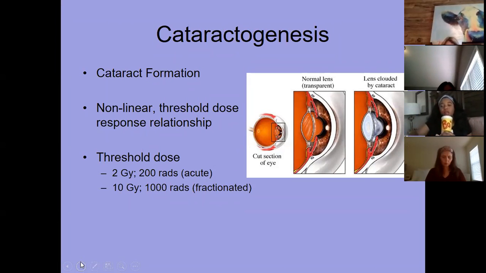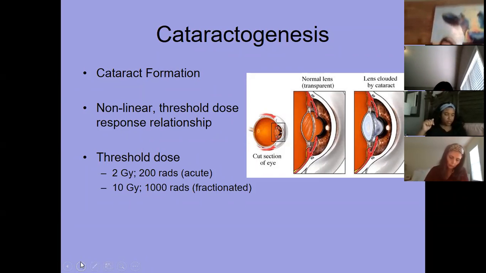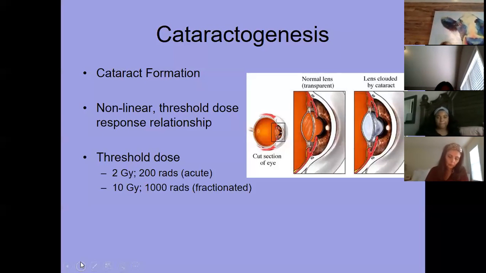Okay, so the second of the long-term effects or late effects is cataract formation. And cataracts are basically cloudiness of the lens of the eye. So if a person has cataracts, their vision is going to be diminished. Well, radiation-induced cataracts cause the same type of thing, but obviously aging is not the cause.